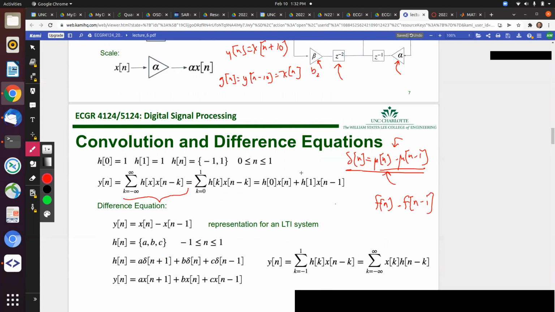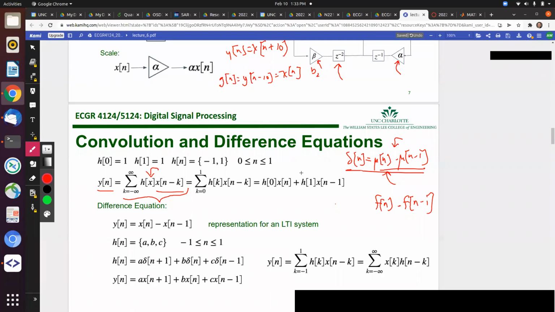Okay, so the convolution equation has an h and it has an x. And of course, h is just, whether h is an FIR system or even if it's not, a function. If I know its value, I can put its value in here and I have something that only involves x and y.